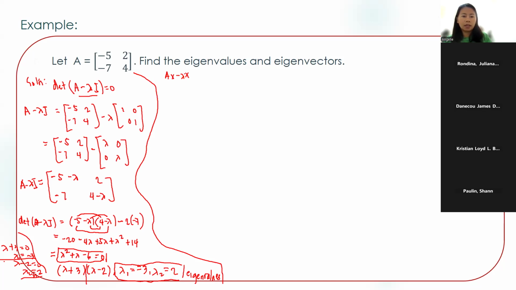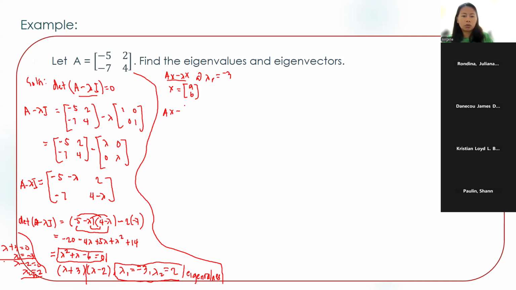Now, nanatay lambda, nanaputay A. Ang wala sa ato is the X. So, at lambda 1 equals negative 3, we can have X. Say, we'll name it A and B. Now, what we're going to do is we identify this A and B. That is now our, what? This will be now our eigenvector.